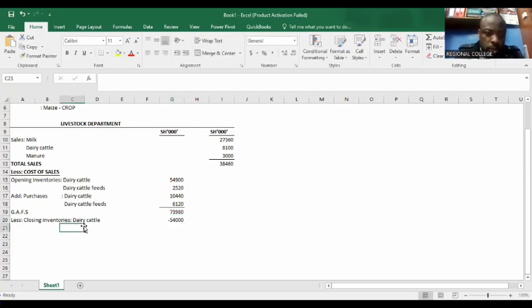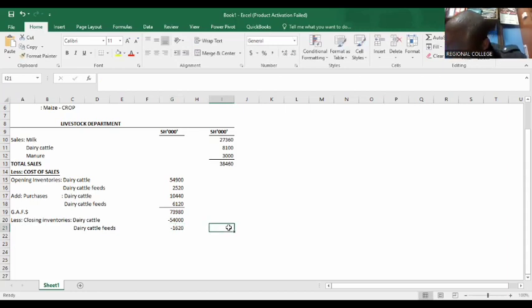Do you have any dairy cattle feeds? Dairy cattle feeds 1,620. Is there any other?